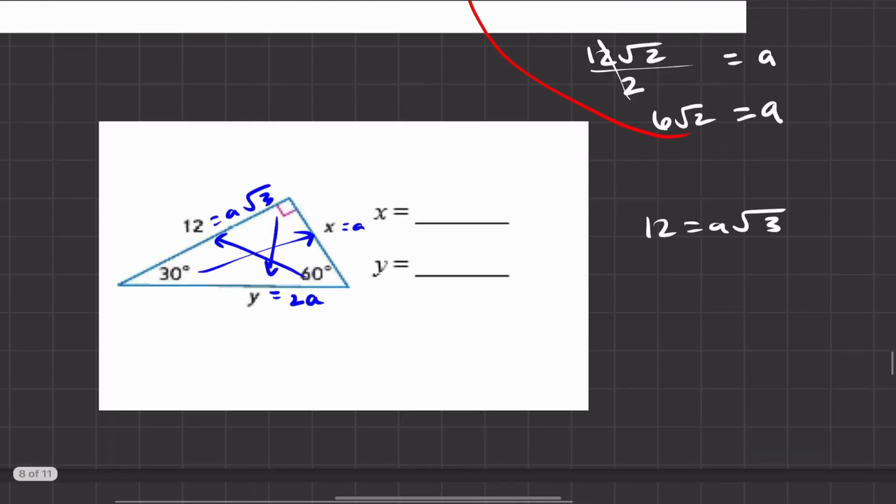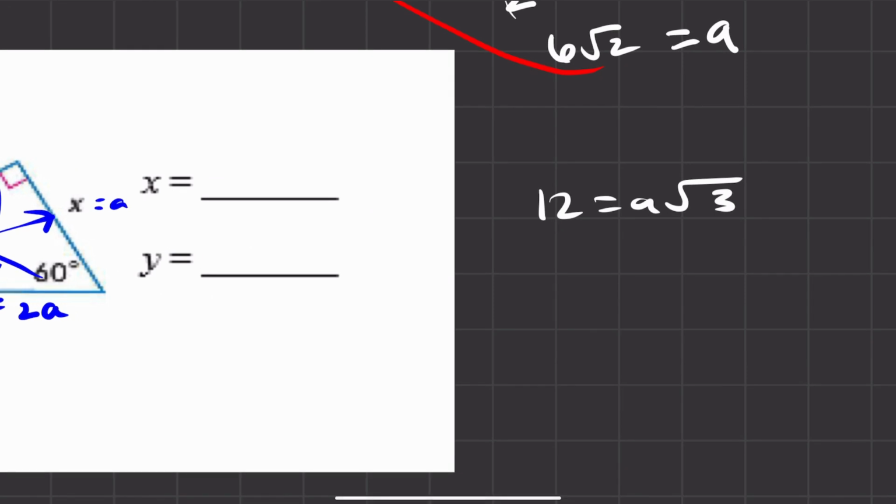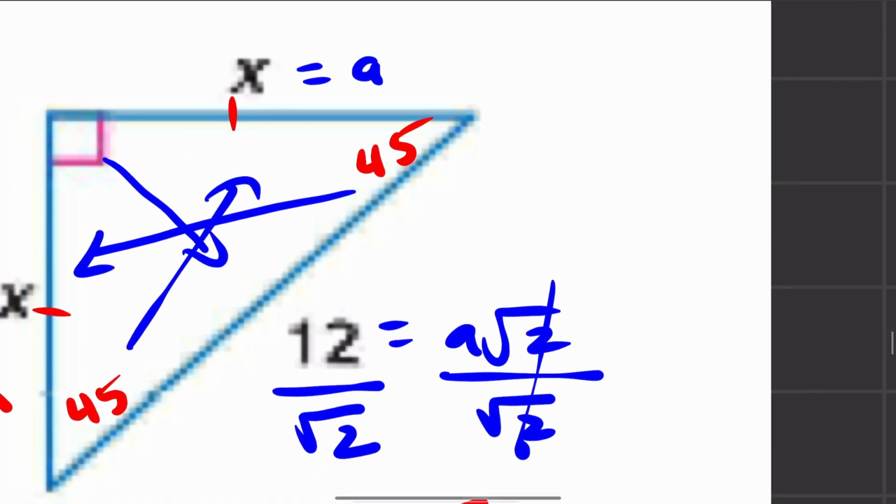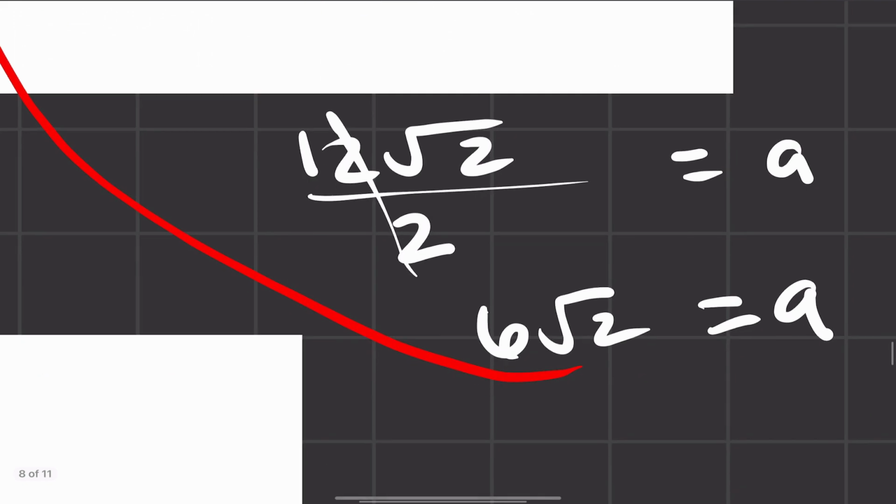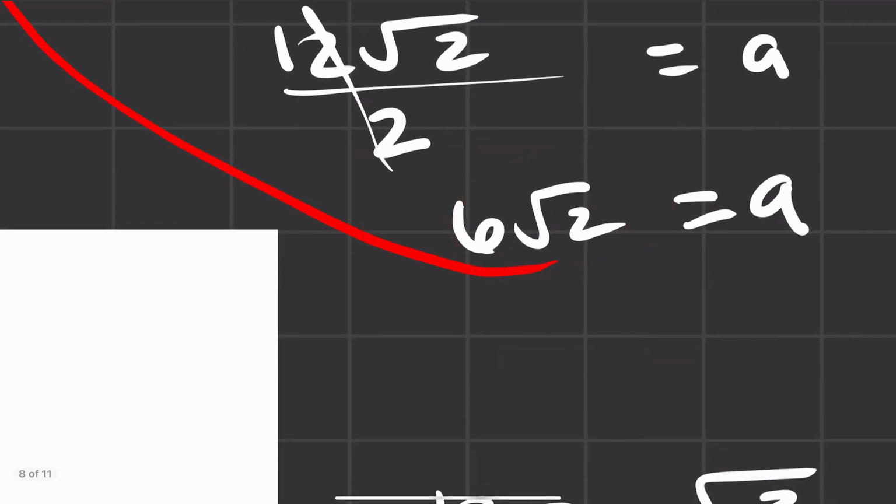But the trick here is, here's 12, here's root 3. What's 12 divided by 3? Well, 12 divided by 3 is 4. Then you slap on the root 3, which gives you your A value. For the other one, 12 equals A root 2. You do 12 divided by 2, which is 6, and then you slap on the root 2, and that gives you our answer.